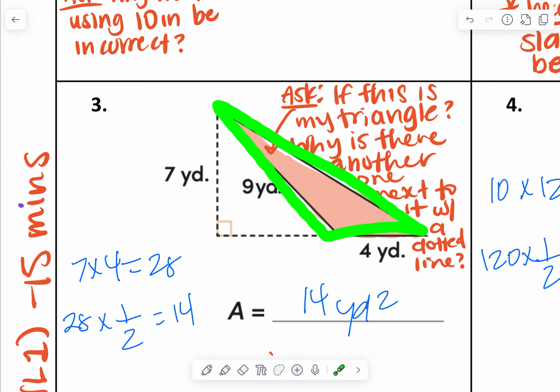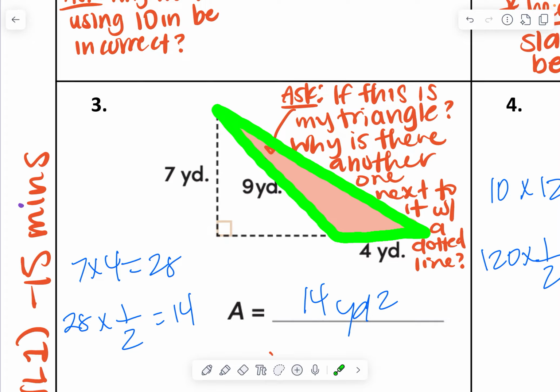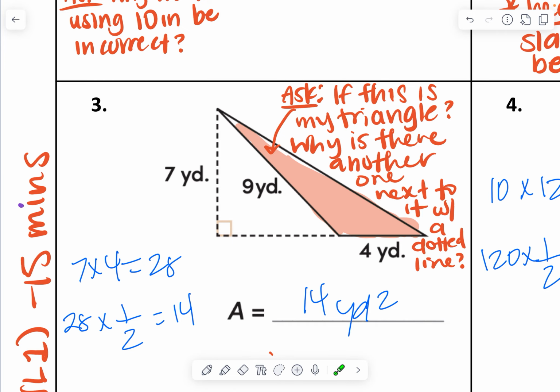They're not sure. However, what you want to let students know is that anytime they see a dotted line, they don't account for that as their shape. They only count the solid lines as their shape. Okay? The dotted lines just help us understand the lengths of the shape.